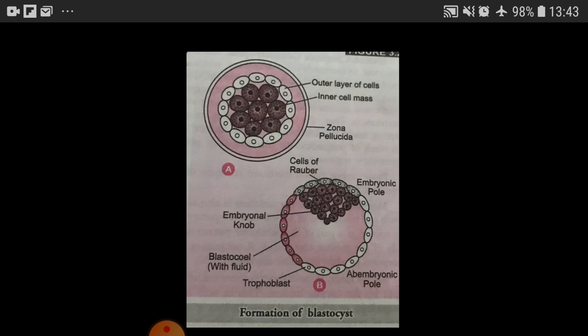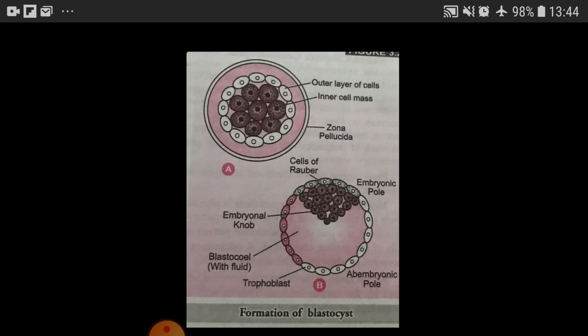It remains external to the embryo and gives rise to the extraembryonic membranes, namely chorion and amnion. So for the production and nourishment of the embryo, the trophoblast cells in contact with the embryonal knob are known as cells of Rauber.